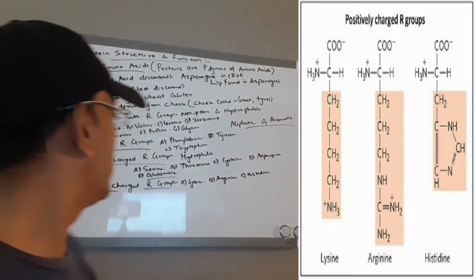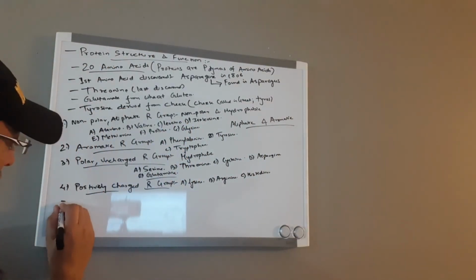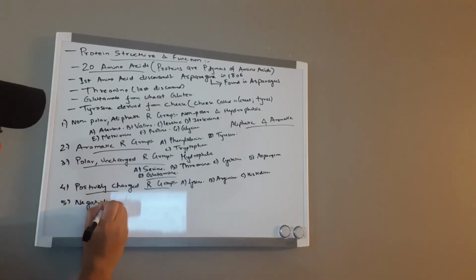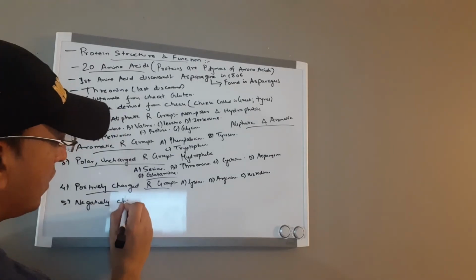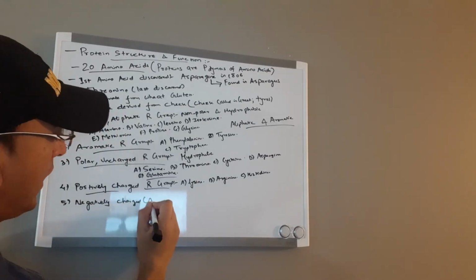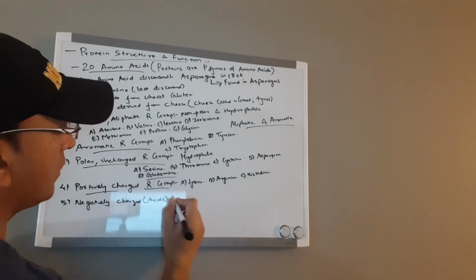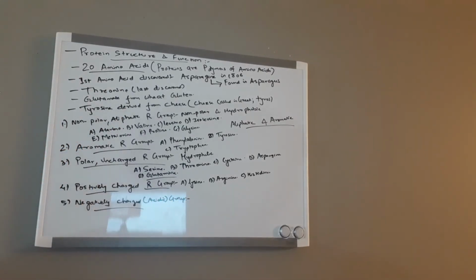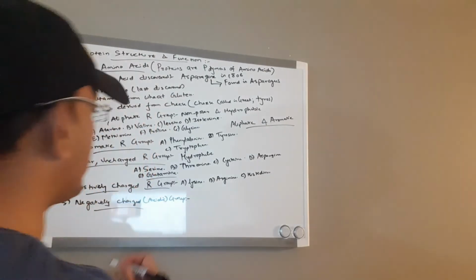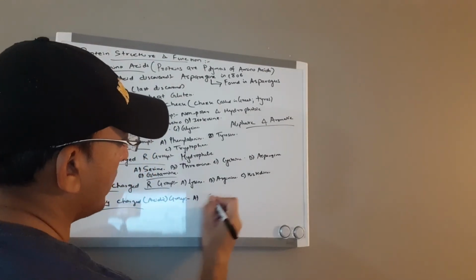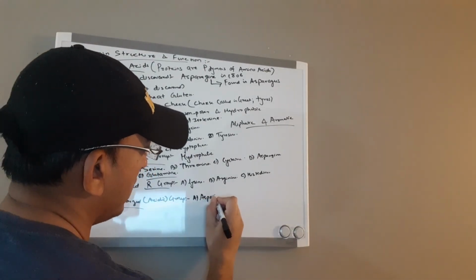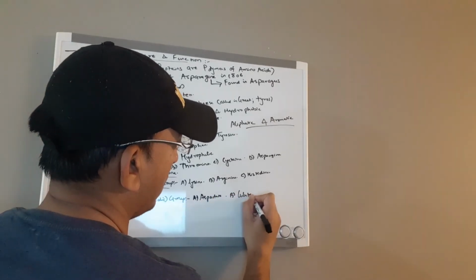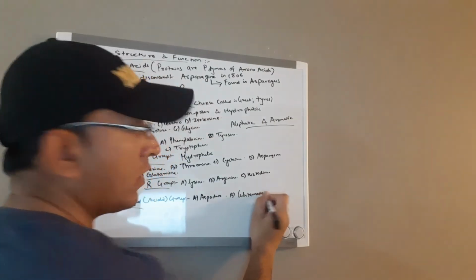And the fifth class is the negatively charged, or acidic, group. This negatively charged acidic group has two amino acids, aspartate and glutamate.